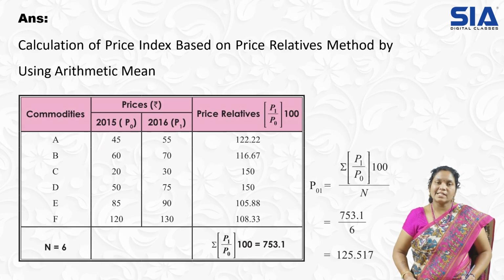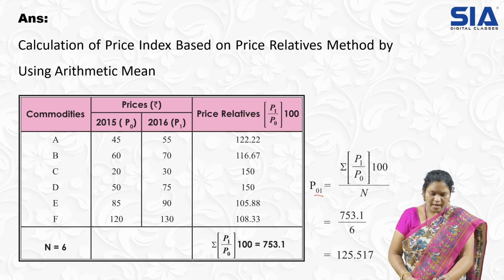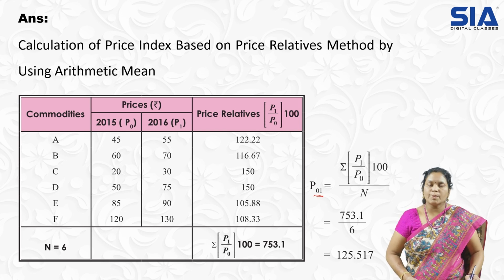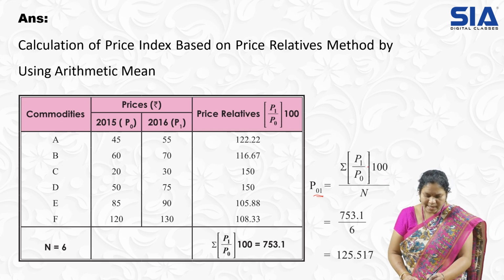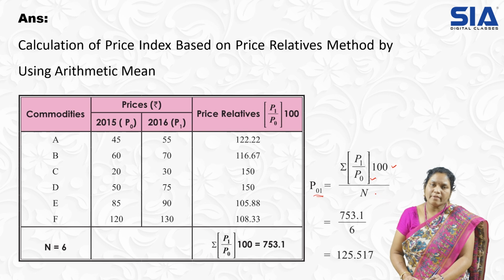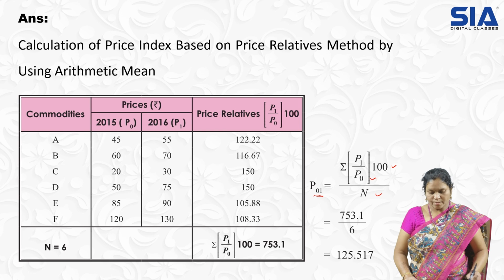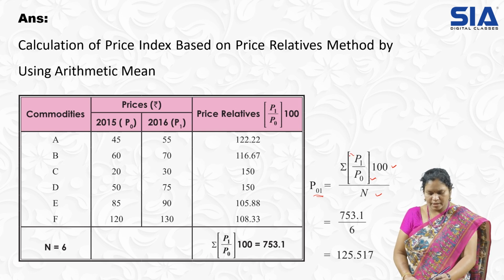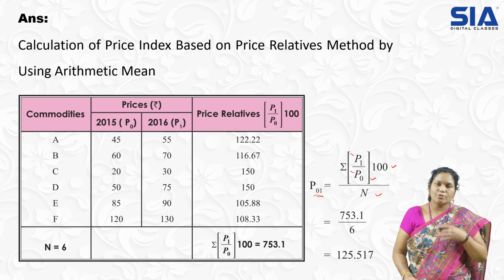So let us discuss the formula first. Arithmetic mean formula. Here we have P01 as usual. Notation always will be P01 in our index numbers. So P01 is equal to summation of P1 by P0 into 100, overall divided by N. So this is your arithmetic mean formula. What we have to do? Current year prices you have to divide by base year prices into 100, and then you have to do the summation.